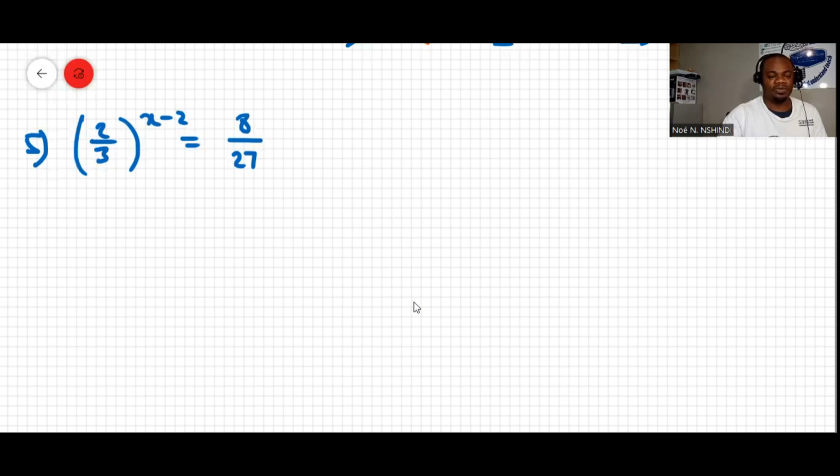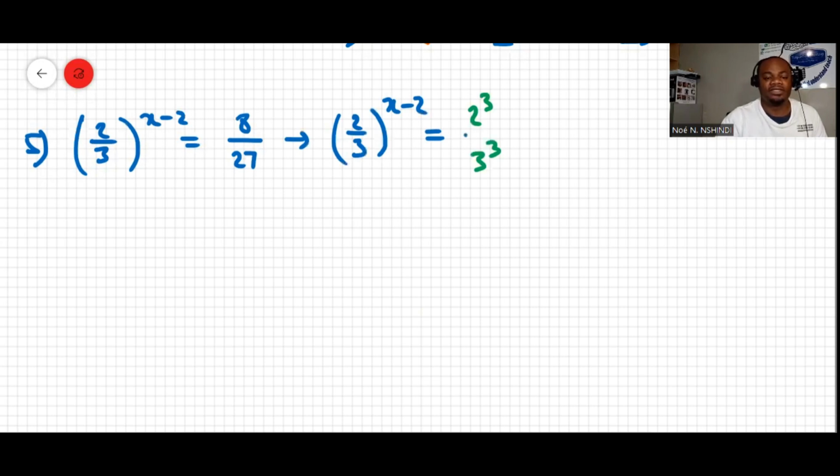One of the ways of doing this is, note that 8 is like 2 to the 3, okay? And then 27 is like 3 to the 3, okay? If I write them in terms of the prime factors.